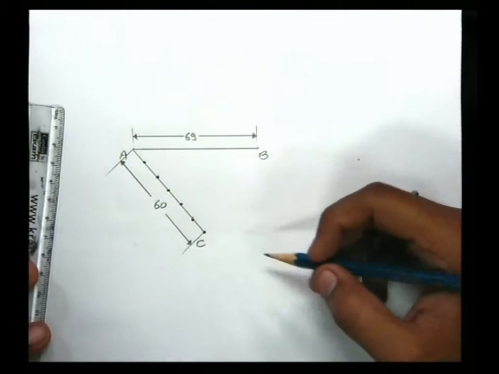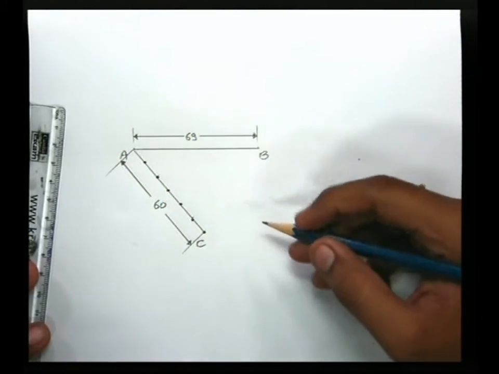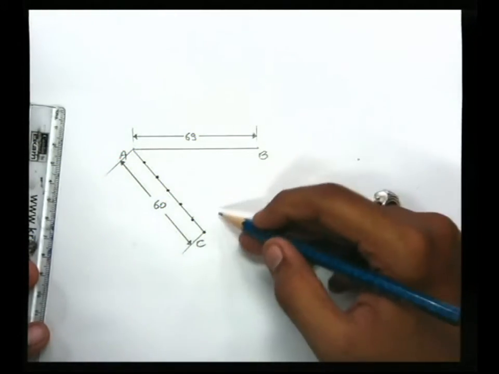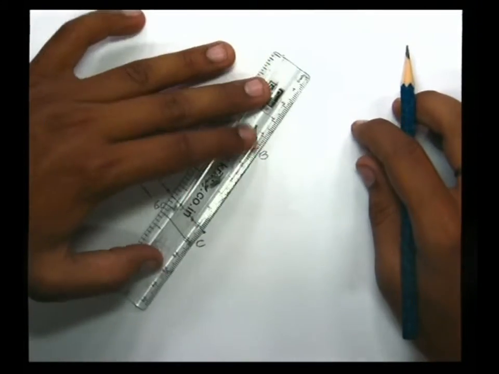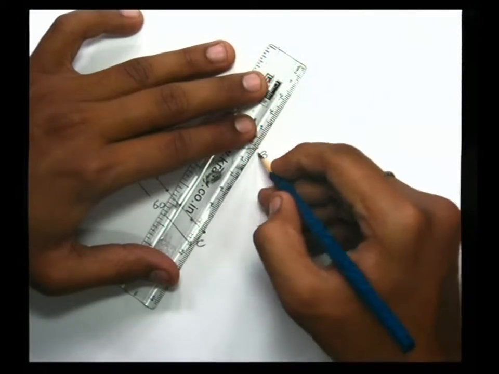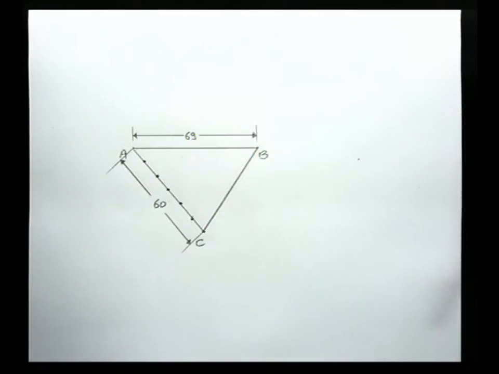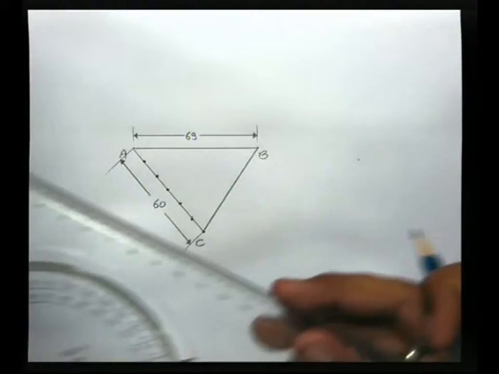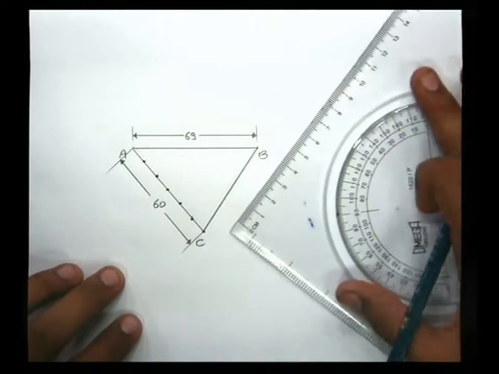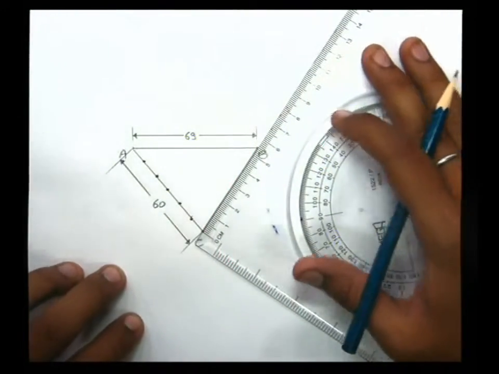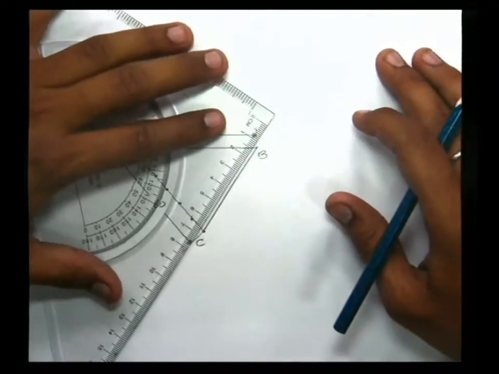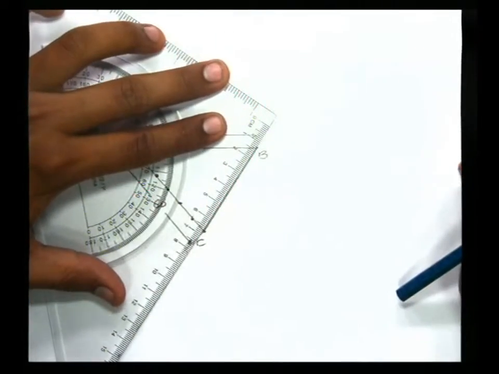Now what we are going to do next, we will join this B and C. We will join this BC line. Now either you can use your set square or you can use your roller scale to take the parallel lines to this BC line.